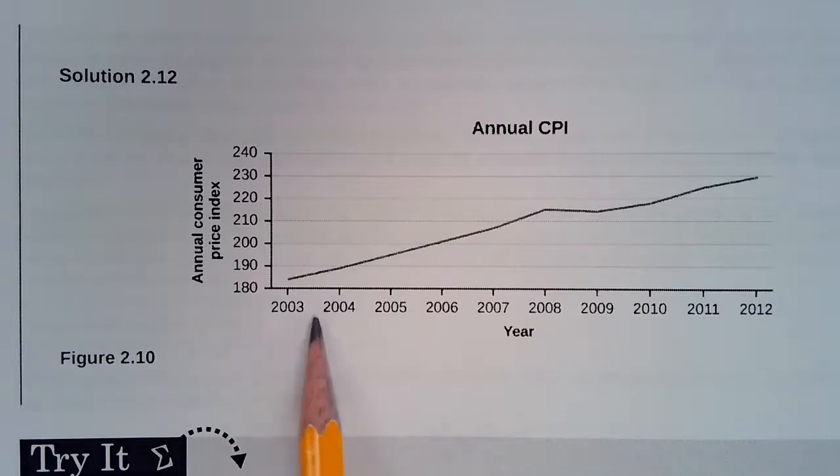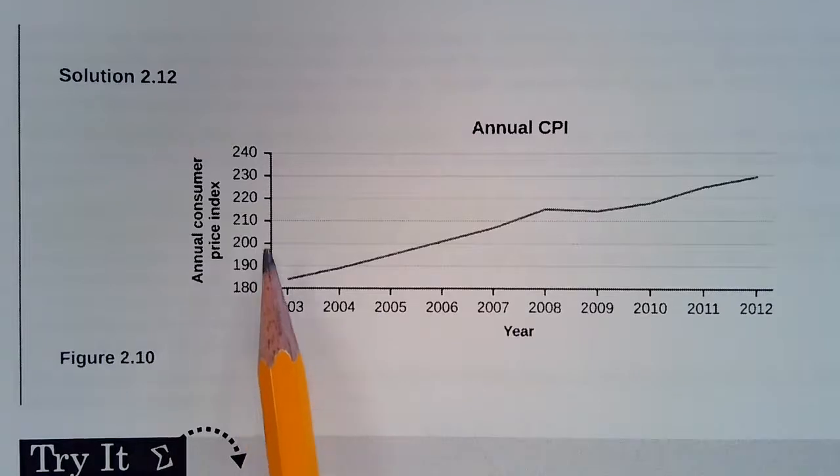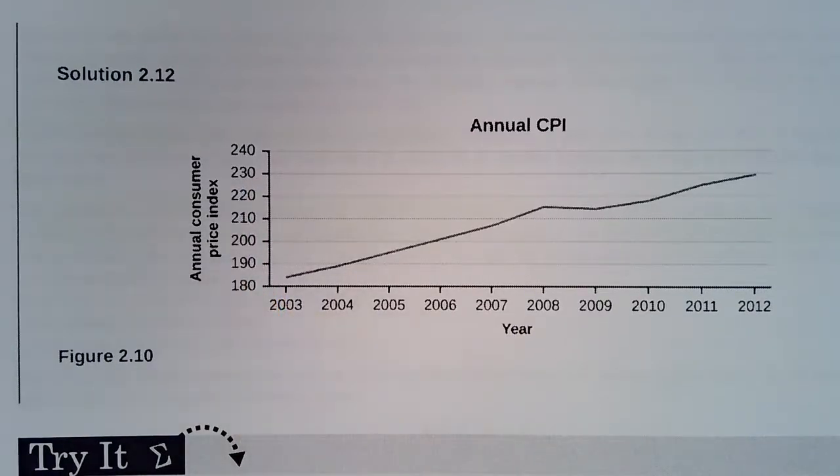We've got our years down on our x-axis and the annual consumer price index on our y-axis. The reason we'd want to use a time series graph is because it's easier to see trends and spot patterns. So that's when we would use a time series graph.